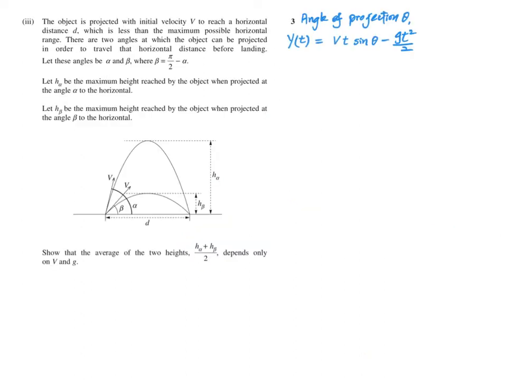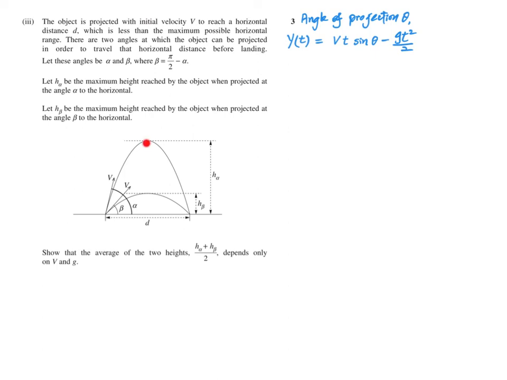Question 3, it is about what we have just done in the previous sections. If an object is projected at an angle alpha, it would reach the ground at D. If it is projected at the complementary angle of alpha, which is pi over 2 minus alpha, and the question names it beta, according to question 2, the object is going to land at the same horizontal distance as alpha.